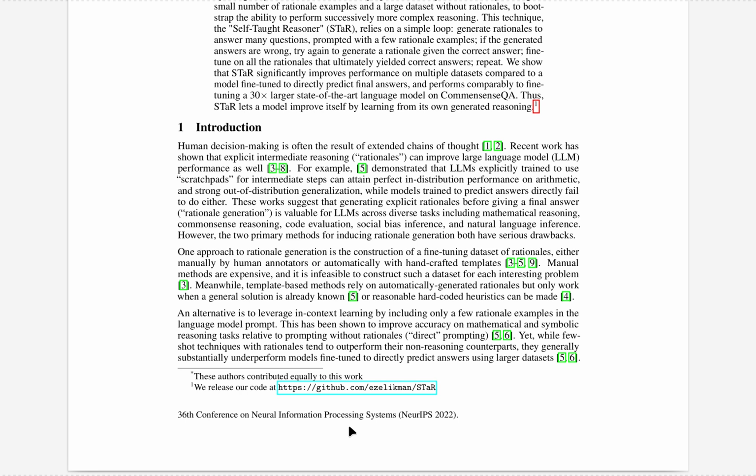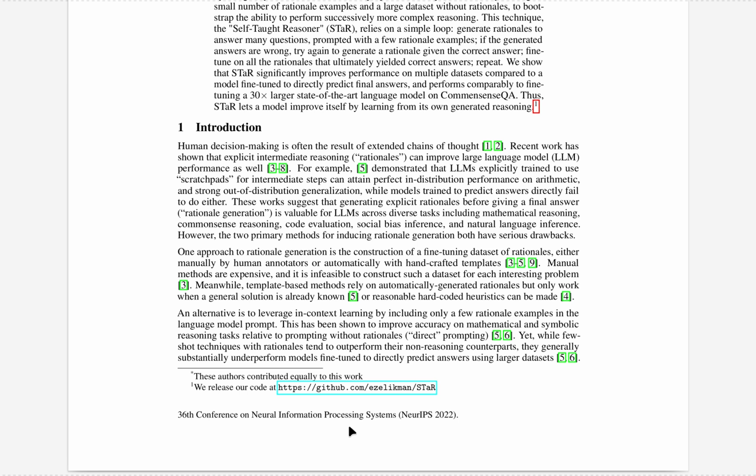An alternative is to leverage in-context learning by including only a few rationale examples in the language model prompt. This has been shown to improve accuracy on mathematical and symbolic reasoning tasks relative to prompting without rationales, direct prompting.